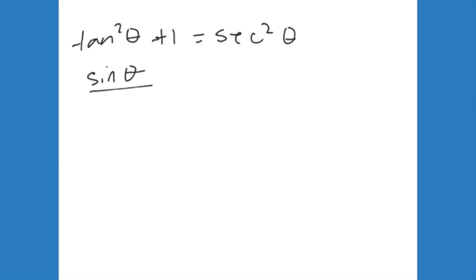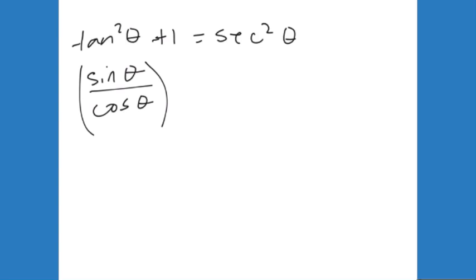Next, establish the identity of tangent squared theta plus 1 is equal to secant squared theta. So tangent theta is equal to sine theta over cosine theta. Therefore, we have sine theta over cosine theta.